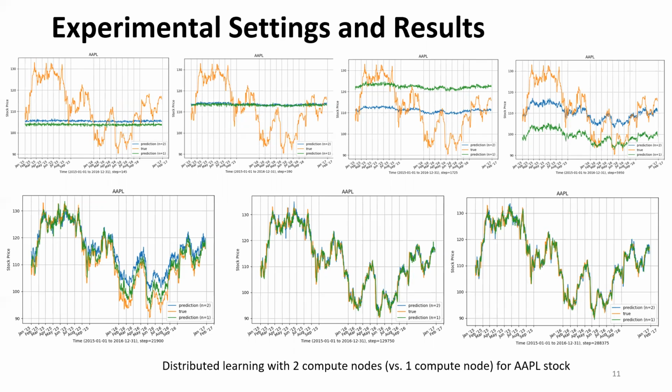The figures here show the result of distributed learning with two computers compared with the baseline of one computer for Apple stock. When the step increases, or the SGD iterations increase, we see that the predictions for two computers and one computer get closer and closer to the ground truth.